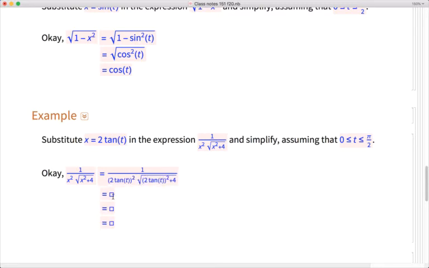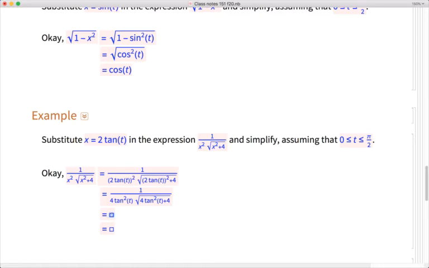Boy, it looks awful. We're trying to simplify though, so let's give it a go. Outside this would be 4 tan squared t. Square each term separately there. Ooh, and I'm still in the denominator. Inside I get 4 tan squared t plus 4.